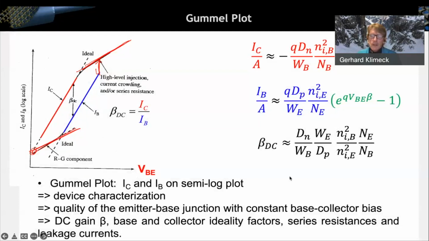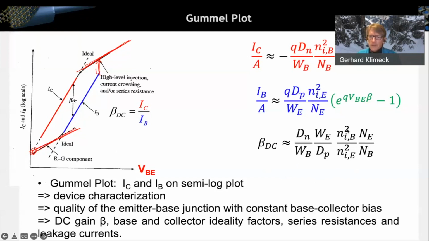And it ultimately allows students, at least in these very simple expressions here, to begin to optimize a BJT transistor, where you have the width of the emitter, the width of the base, and some material properties, the diffusion coefficients.